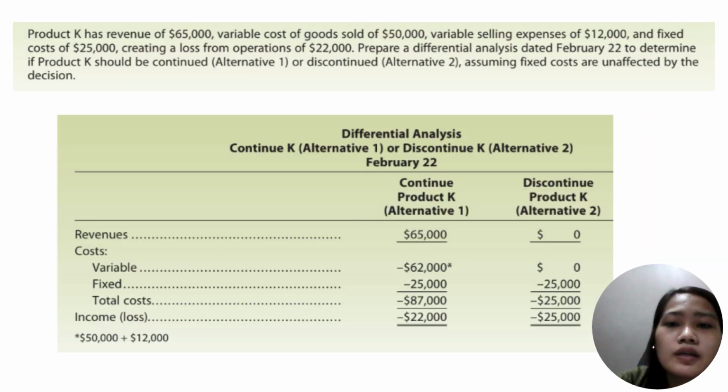So for example, product K has revenue of $65,000, variable cost of goods sold of $50,000, variable selling expense of $12,000, and fixed cost of $25,000, creating a loss from operation of $22,000. We prepare a differential analysis dated February 22 to determine if product K should be continued or discontinued, assuming fixed costs are unaffected by the decision.